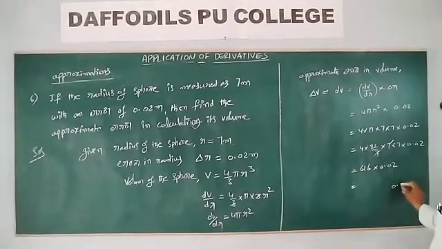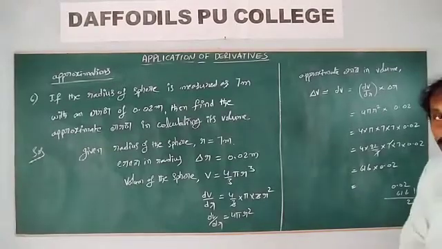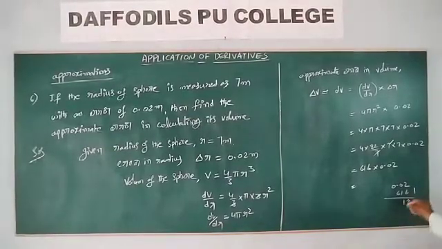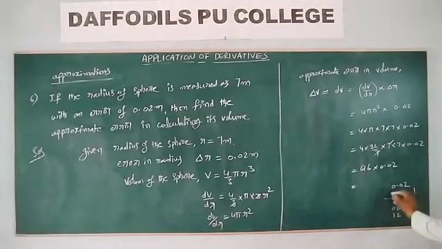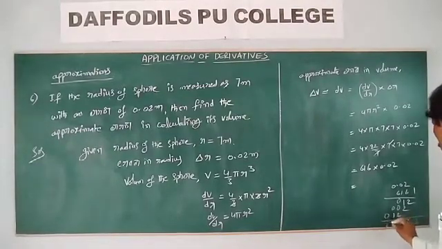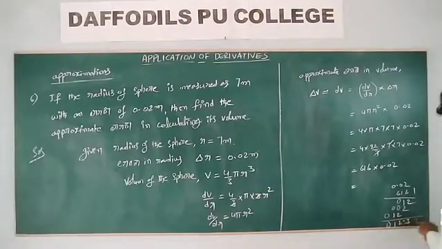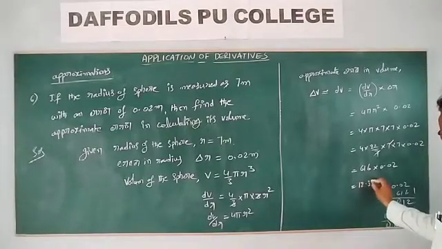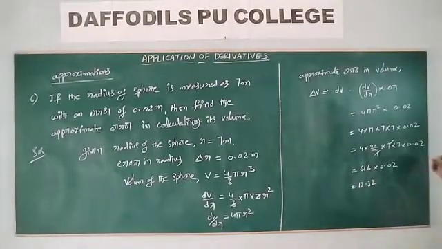Therefore 0.02 into 616, multiply. 6 2s are 12, and so on. So the final answer is 12.32. 12.32.